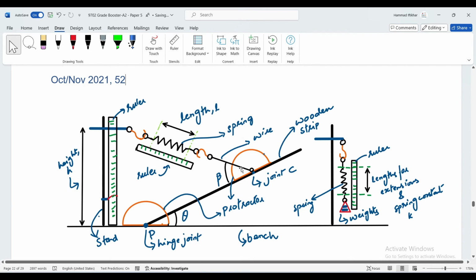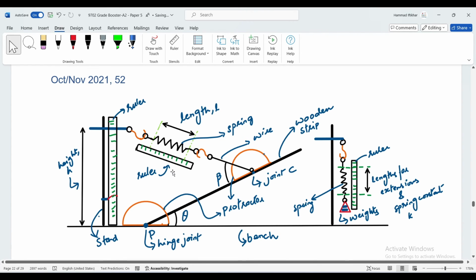The angles I'm measuring with two protractors joined to the wooden strips. One end of the wooden strip at P is joined with a hinge joint. The other is a normal joint, which is connected to the wire. The extensions we are measuring with just a simple ruler.